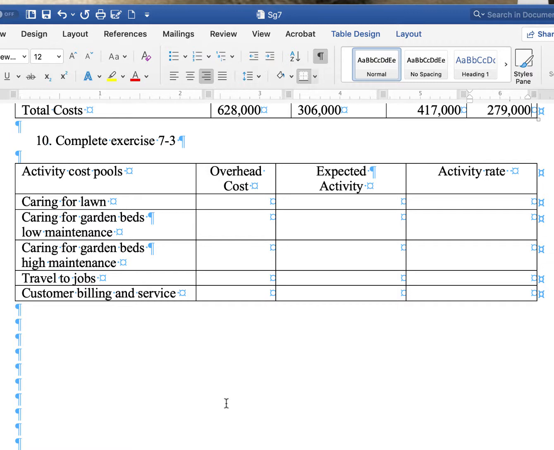If you look at the problem, it's Green Thumb. It's a small gardening service. They use an ABC system, an activity-based costing system, to estimate costs for pricing and other purposes. The proprietor of the company believes that costs are driven primarily by the size of customer lawns, the size of customer garden beds, the distance to travel to customers, and the number of customers.